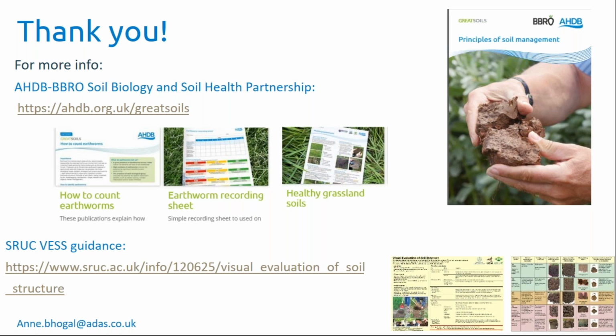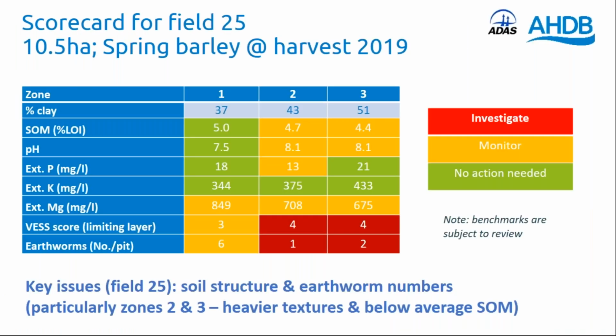Can I just ask Anne to go back a slide to the scorecard, as a point of clarification? Where you've got the soil organic matter, and you've got the 5, the 4.7 and the 4.4, we're not looking necessarily at just the numerical value as being the threshold, because we are in different soil types. You've said that because of the soil texture and the climatic region, we have these different thresholds for the soil organic matter.